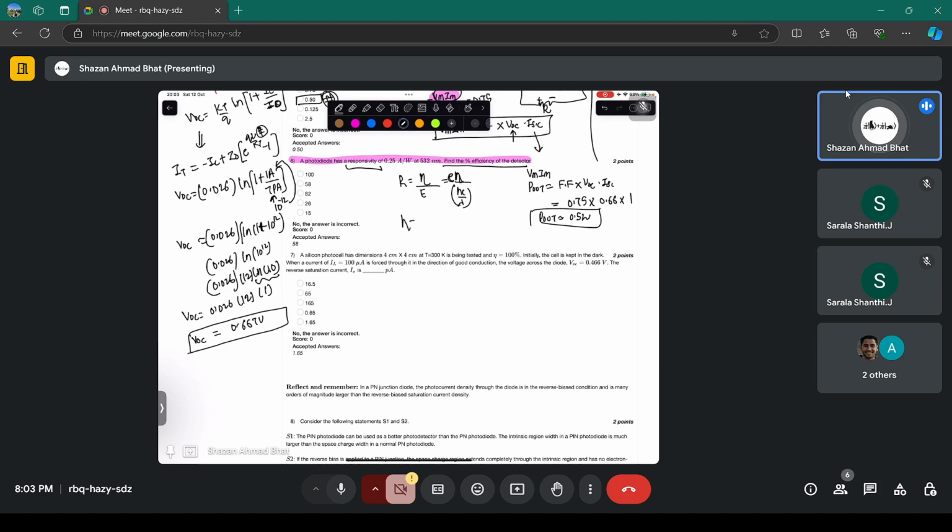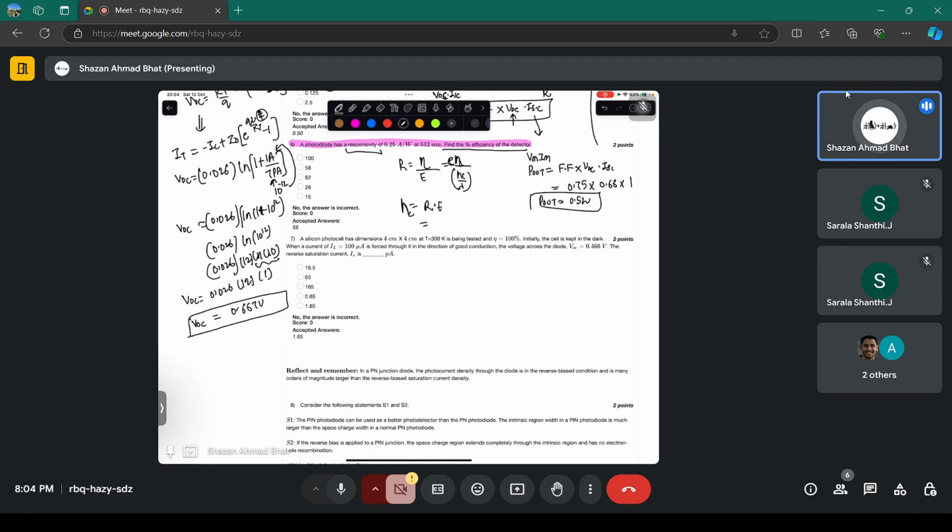You can find the efficiency as responsivity times the energy of the photon, hc over lambda, divided by the electronic charge.